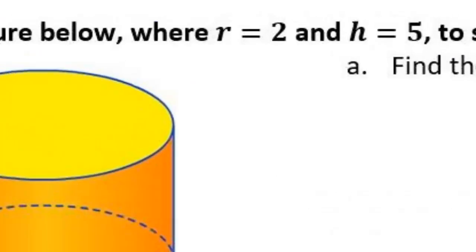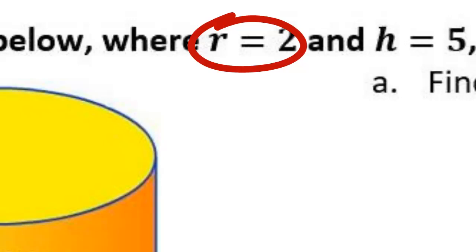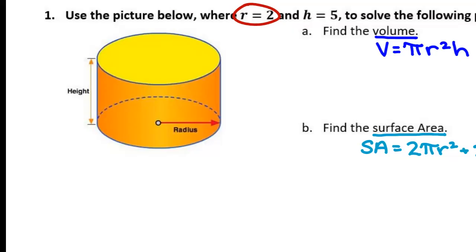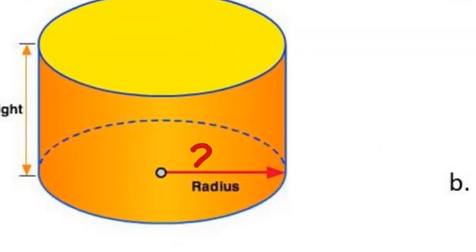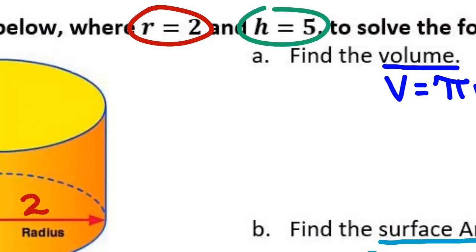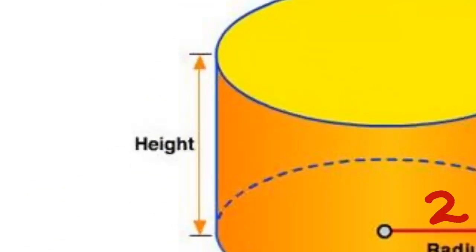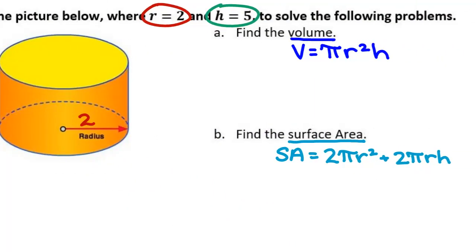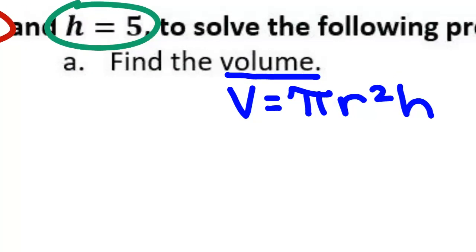It tells me right up here that we have a radius of 2 and that we have a height of 5. I'm going to add that to my picture. We don't have units, so my final answer will be units cubed or units squared, depending on whether it's volume or surface area.